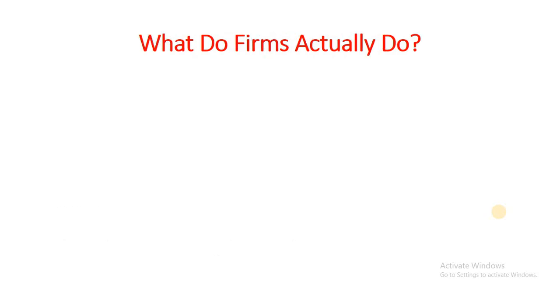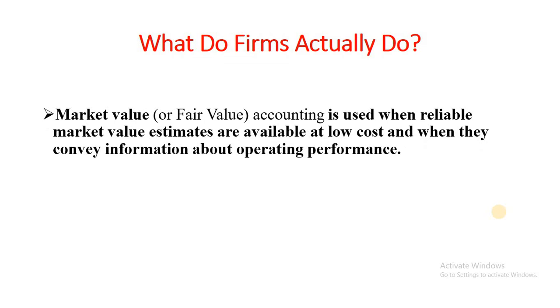What do firms actually do? Firms usually use market value if the information is reliable in the market and if the information is available at low cost, and when they convey information about operating performance.